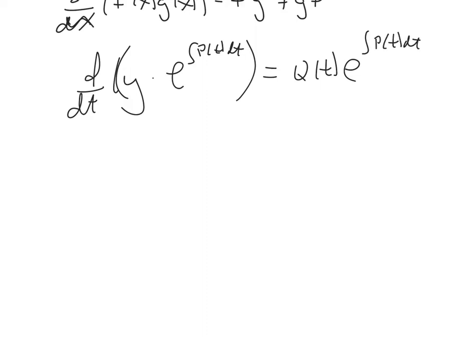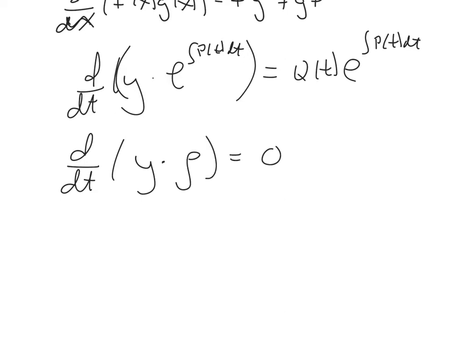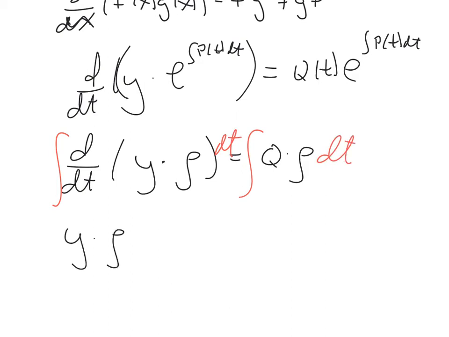I'm going to simplify my notation now and just say this is really d by dt of y times rho, where rho is the integrating factor, equals q times rho. And since the left-hand side is a derivative with respect to t, I can integrate both sides with respect to t, and I have y times rho is equal to the integral of q times rho dt.